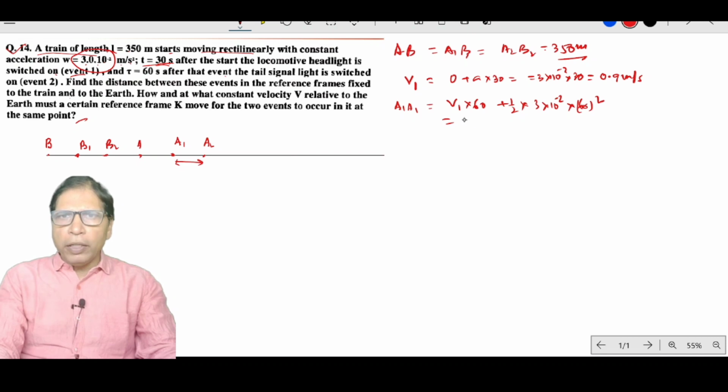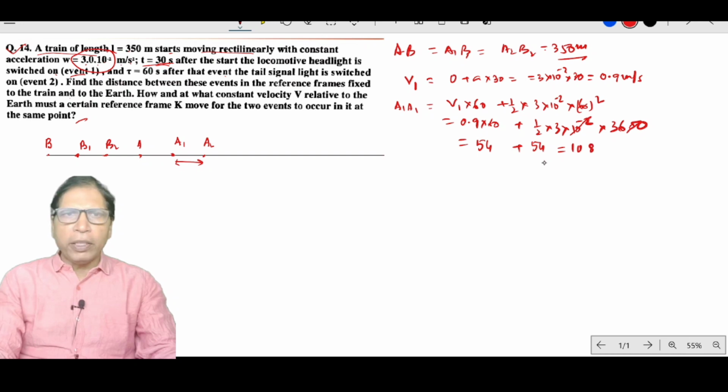So V1 is 0.9 into 60 plus half into 3 into 10 to the power minus 2 into 3600. No problem. So 10 to the power minus 2 and 2 0s are cancelled out. So this is 54, plus 18... this also 54. Therefore, this is 108 meter.